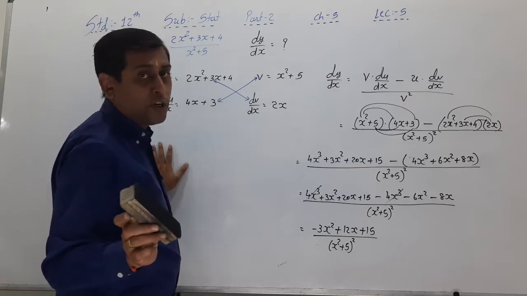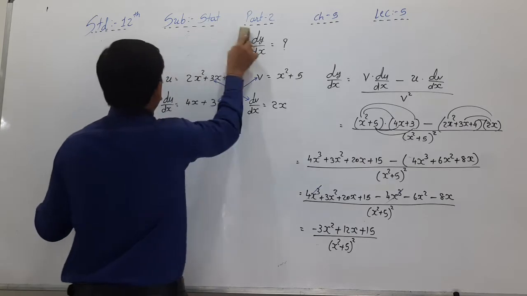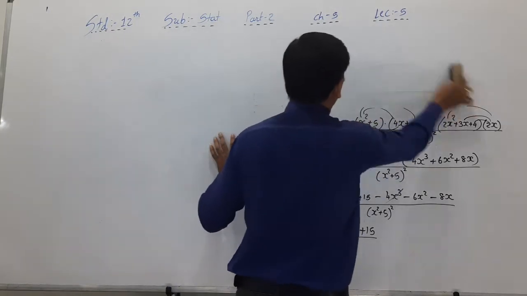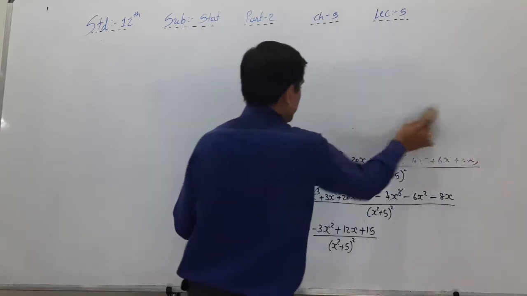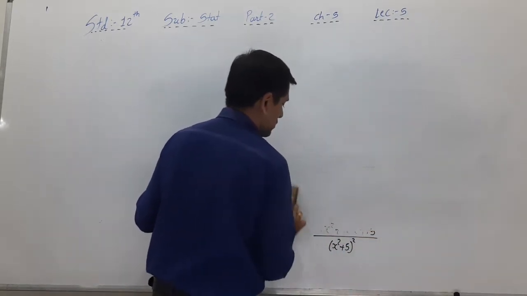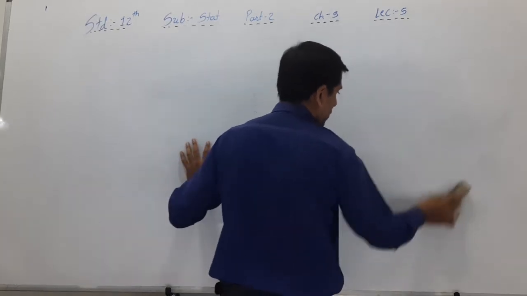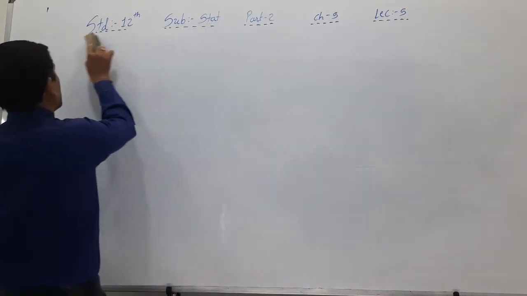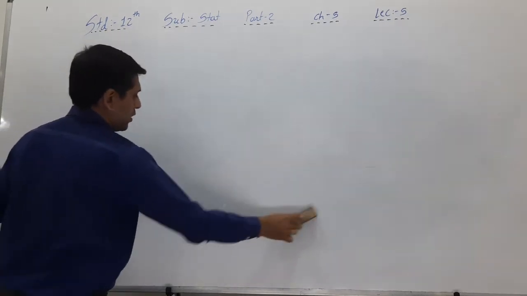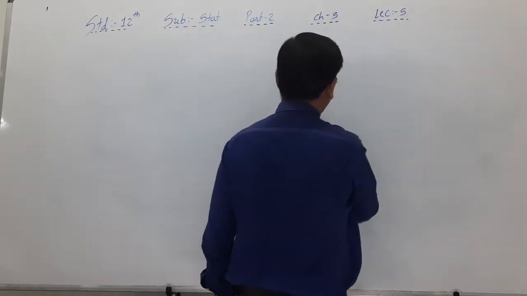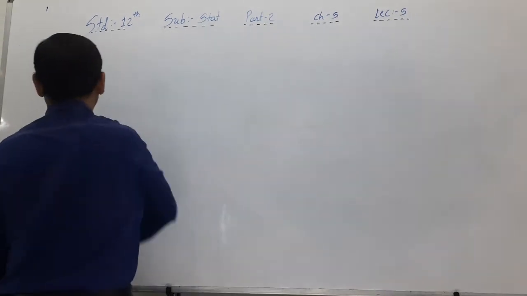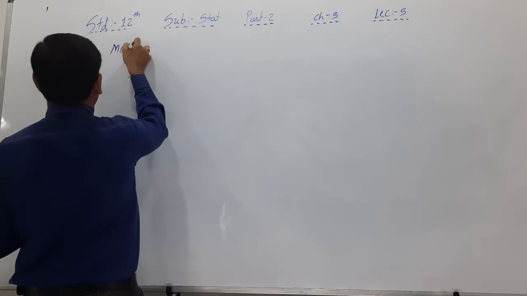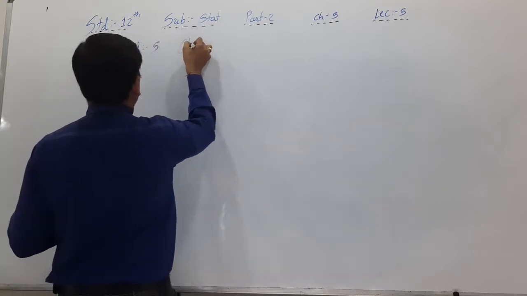If you did not complete this sum, then pause the video and write it down. Method number 5, chain rule.